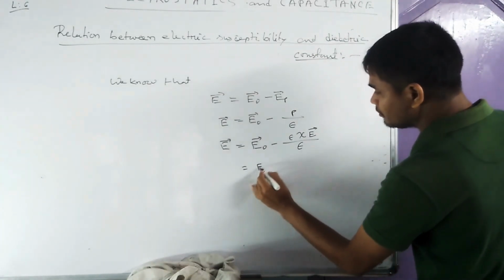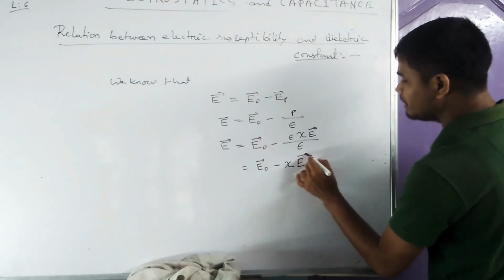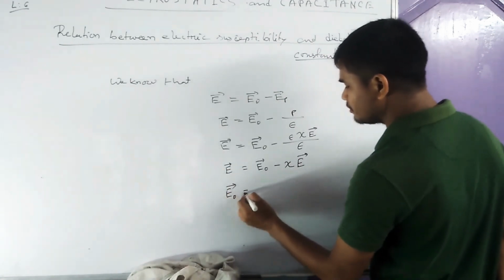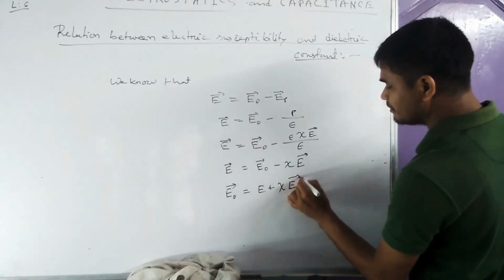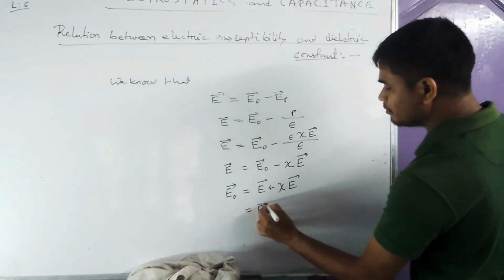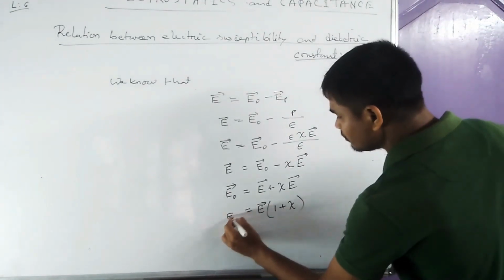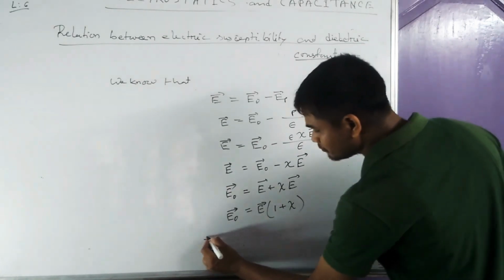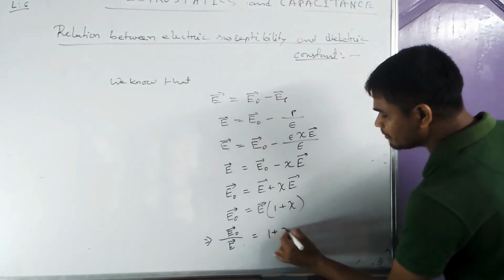Therefore E naught minus chi E. So E naught is equal to E plus chi E. So we can common out: 1 plus chi, times E, is equal to E naught. Now E naught by E is equal to 1 plus chi.